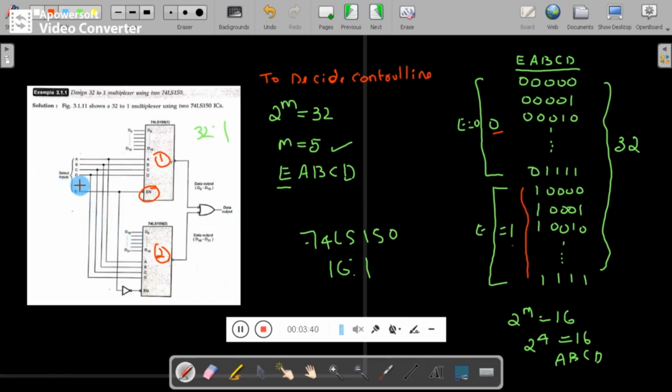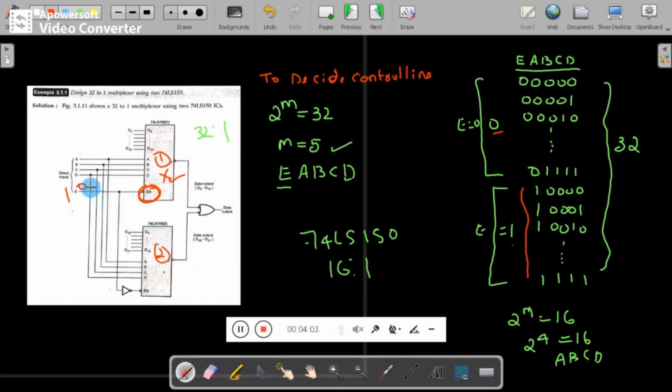When E is 0, since it is an active low signal, here you can see the bubble is there, this 0 will activate this IC, and this IC will work for the starting 16 combinations. For the next 16 combinations, when E becomes 1, this IC will get deactivated and this IC will work.